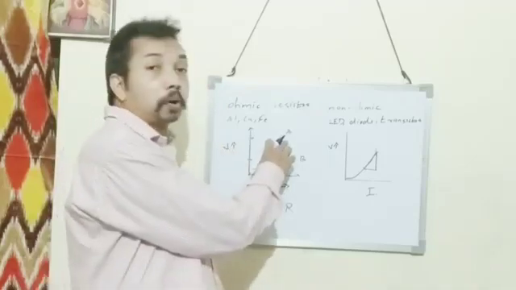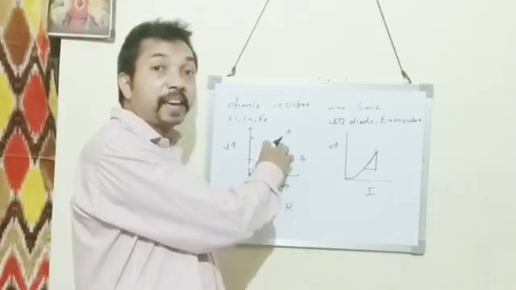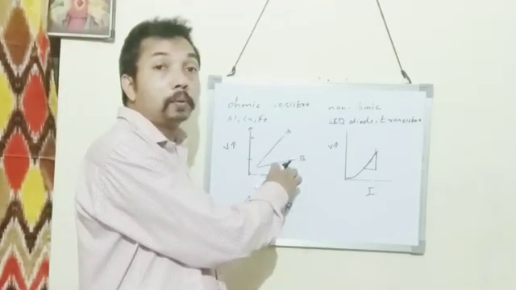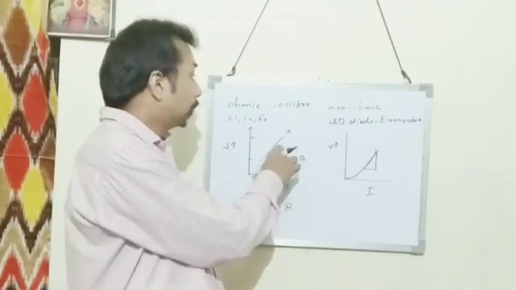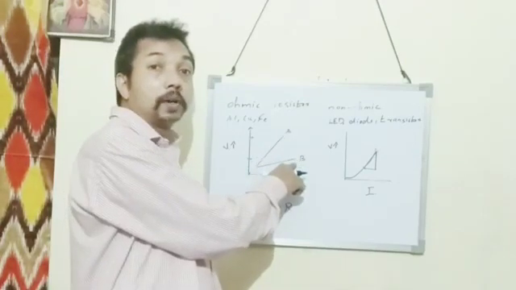A has more resistance than B because the slope of A is more than the slope of B. That is why the resistance of A is more than the resistance of B.